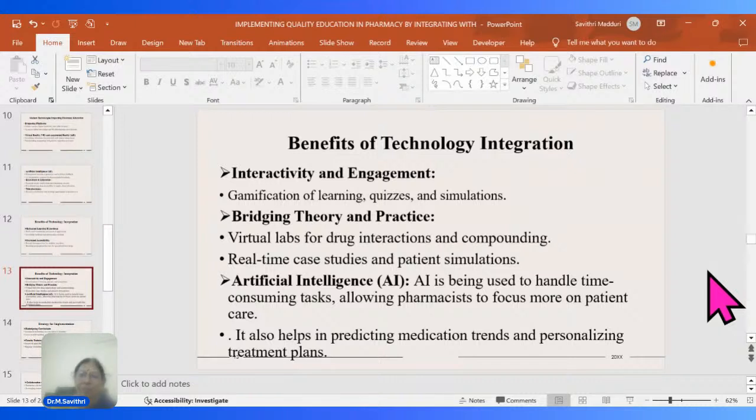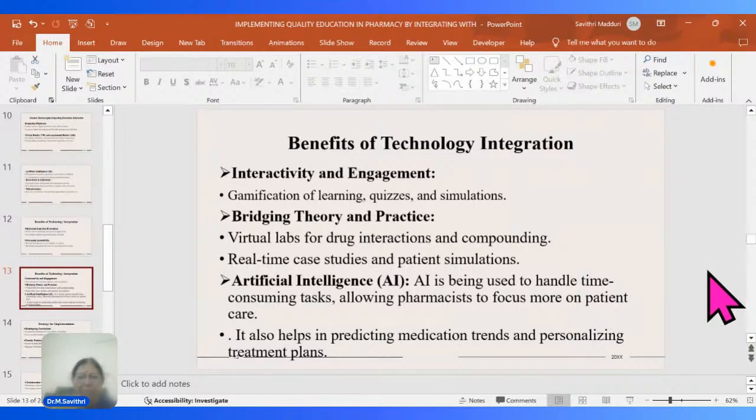Bridging theory and practice. This is another important thing. The syllabus is given and we follow the syllabi and we take the classes. We follow the syllabus given under the practical, so that both theory and practice are integrated. How has it to be integrated? The theory which we have told them has to be explained again.